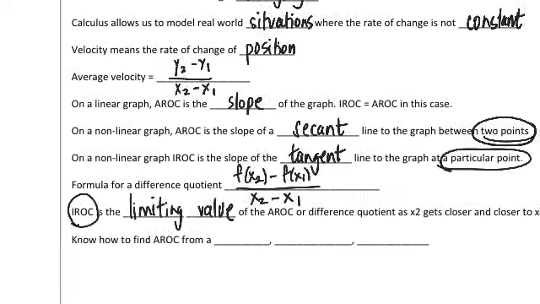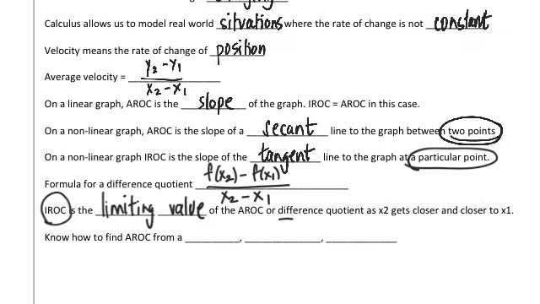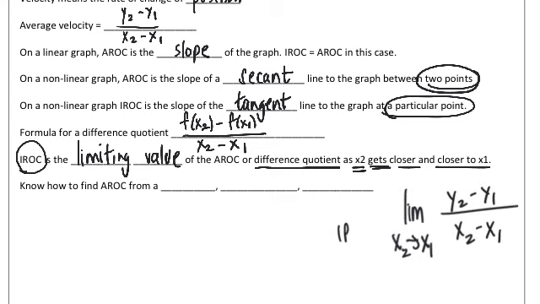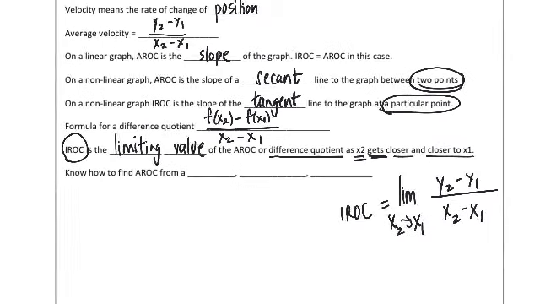In other words, the instantaneous rate is the same difference quotient, but as x2 gets closer and closer to x1, and really we have to do this limit calculation that we saw in our formula before, right? So this right here would be the instantaneous rate of change. And then we talked about, of course, how to find the average rate of change from a graph, from a table, and from an equation.